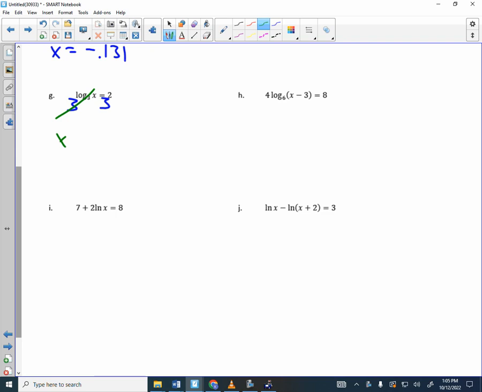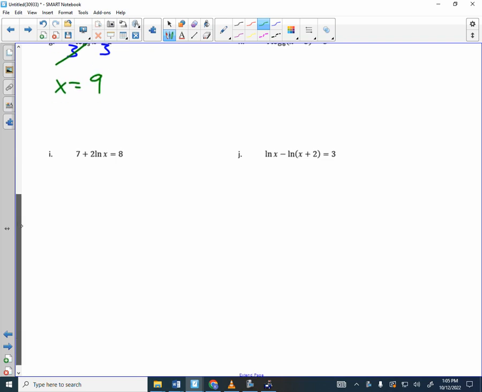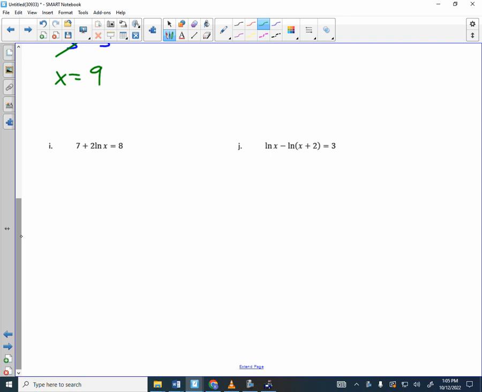Those go away, I get x is equal to 9. Let's try letter I. What do I do to both sides? Minus 7. I get 2 times the natural log of x is equal to 1. Divide by 2. The natural log of x is equal to 1/2.